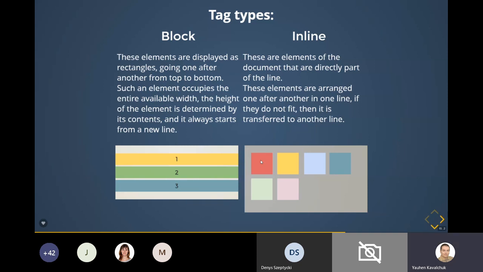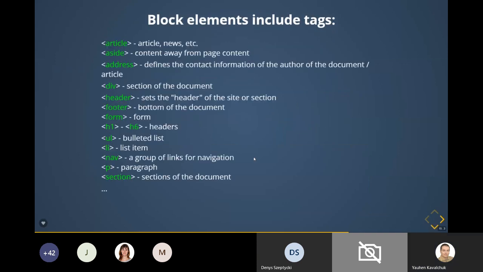So if it's maybe small text, one word, and we wrap this one word in a span, it means that it's an inline element, and here we can find this word. But if we wrap our number, for instance, like here, into a div element, it takes full width. So here is an example of block elements.